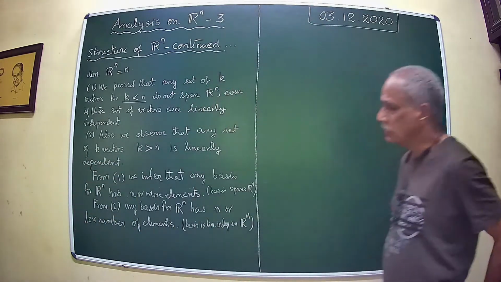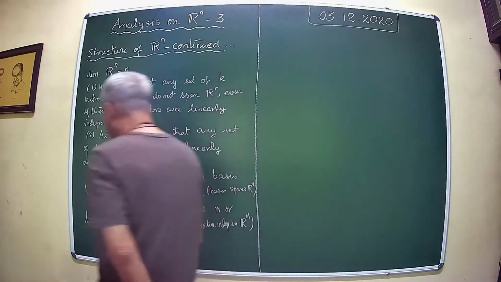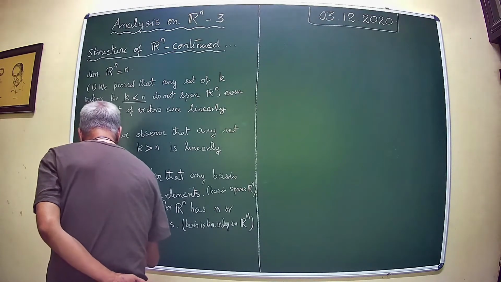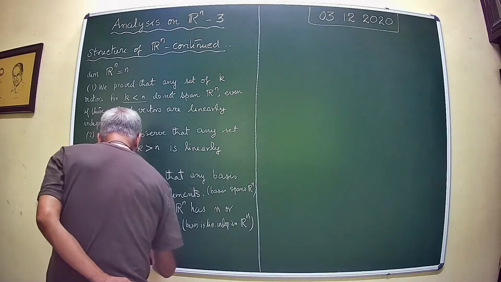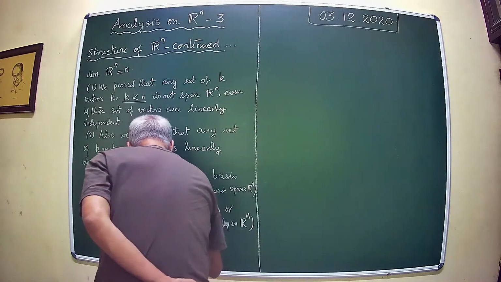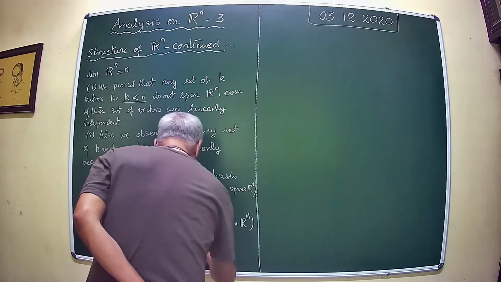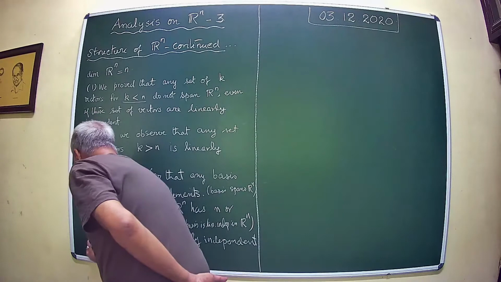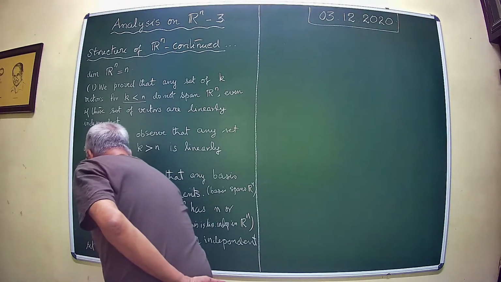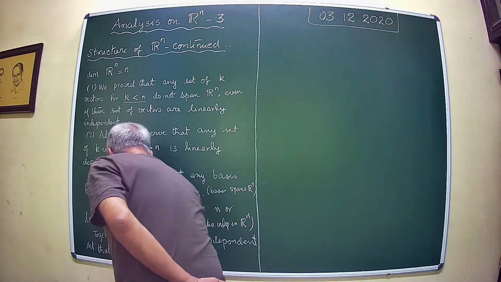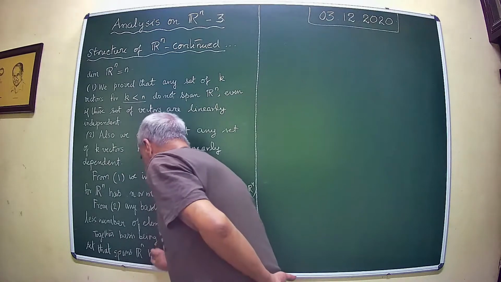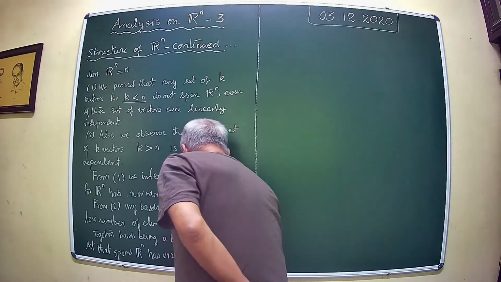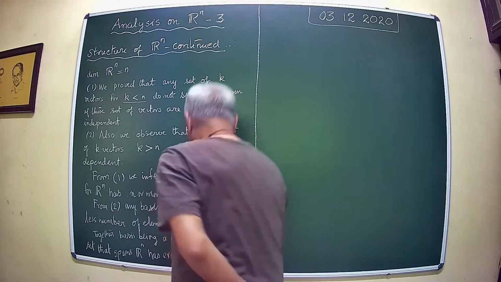So we put these two things together, then it follows that the number of elements in a basis, being a linearly independent set that spans Rn, is exactly n elements.